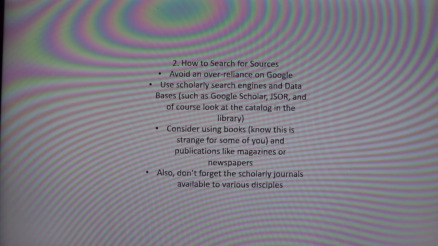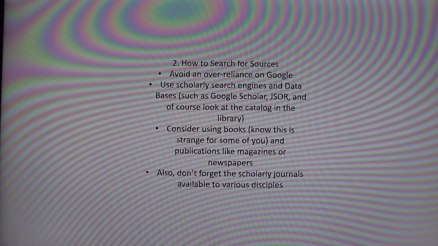So remember, books are good. Publications like magazines or newspapers, which are credible. Also, don't forget scholarly journals, which are available to various disciplines.